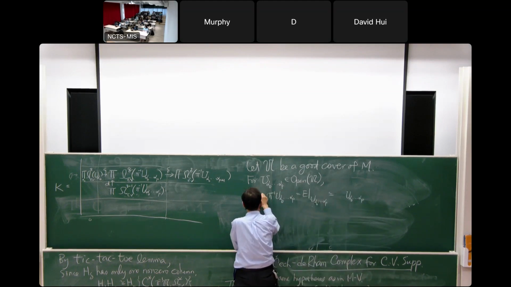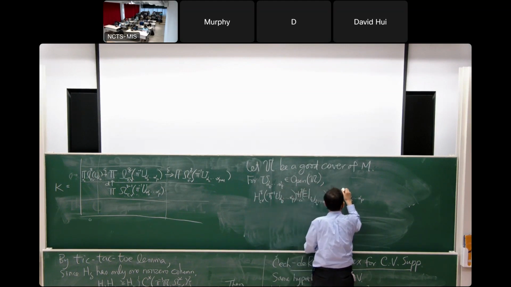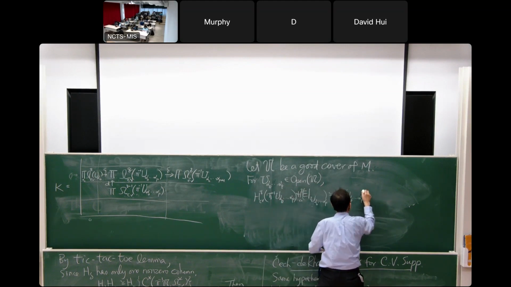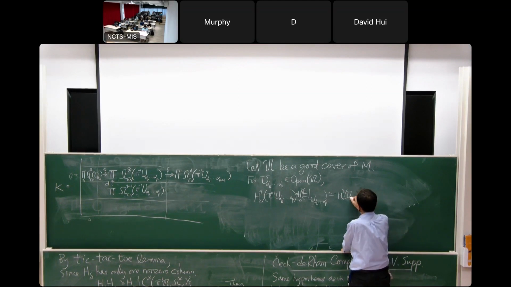So if you take the cohomology with compact vertical support, sorry, this is U alpha 0 to alpha p cross R^r.